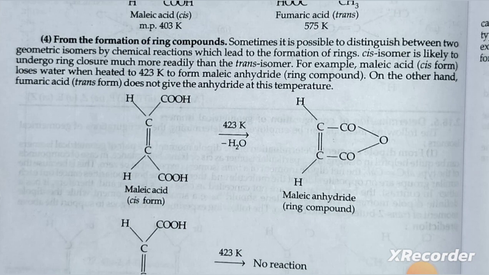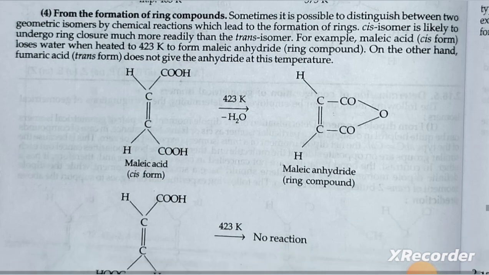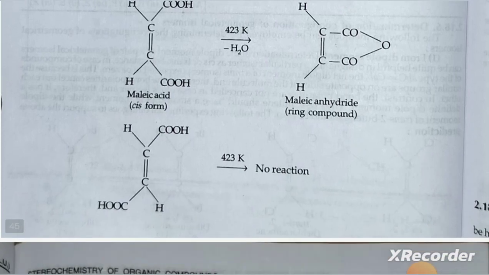On the other hand, fumaric acid, the trans form, does not give the anhydride at this temperature. Maleic acid at 423 Kelvin forms maleic anhydride, whereas fumaric acid at 423 Kelvin gives no reaction.